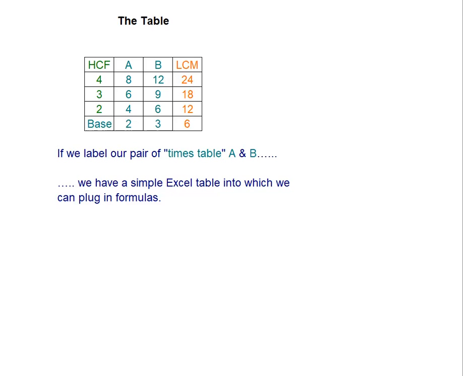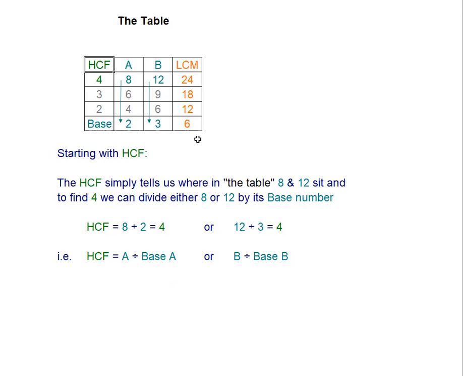So if we label our times tables A and B, we now have a simple Excel table in which we can start to plug formulas. Starting with HCF. The HCF simply tells us how high up in the table the pairs of numbers sit. So the number 4 is telling us the position that 8 and 12 sit in this table compared to the base 2 and 3.